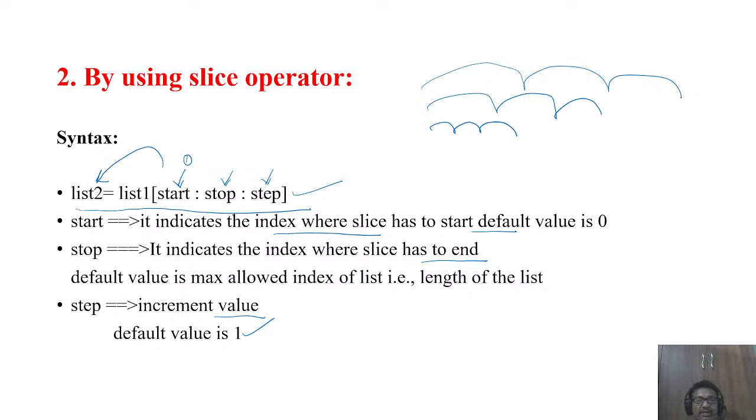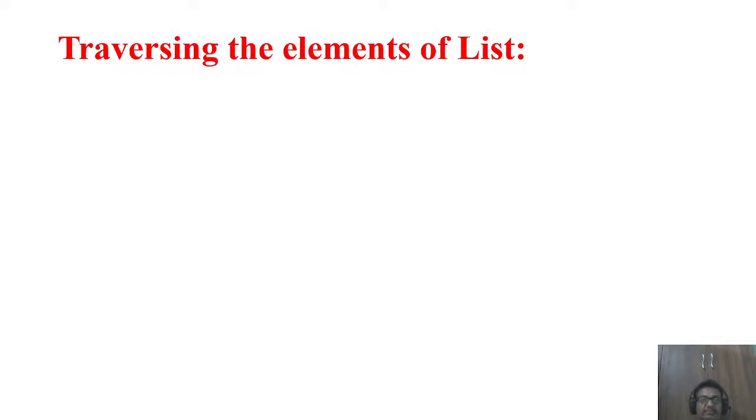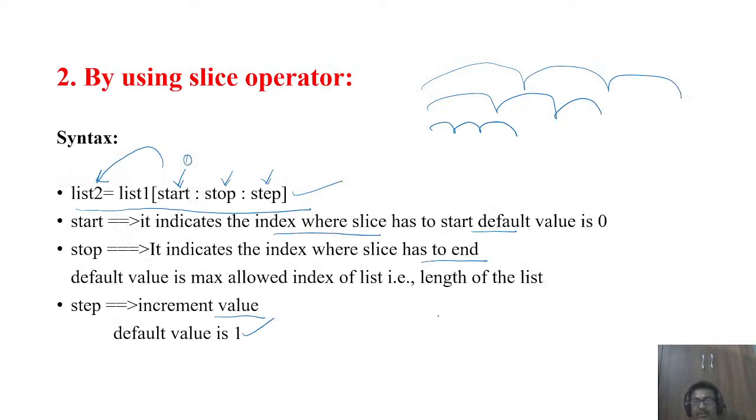Let us take a simple example here. For example, I have a list containing the values 2, 5, 8, 10, 15, something like 19. Assume this is my list.